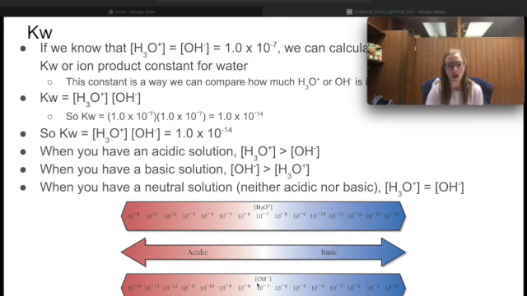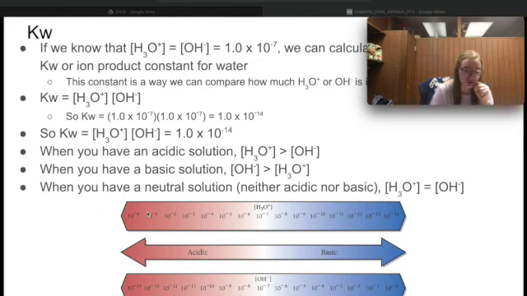So, for example, if we have something that's very acidic, we're going to see the concentration of H3O plus be quite large. Remember, we have negative exponents, so the smaller the value of the number, the bigger it is, versus down here, this has a bigger value of 14, so this is going to be a very small number.